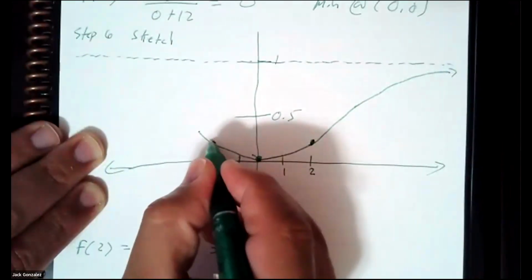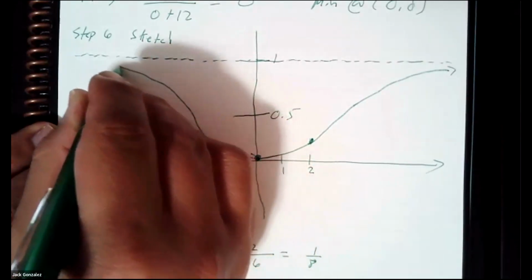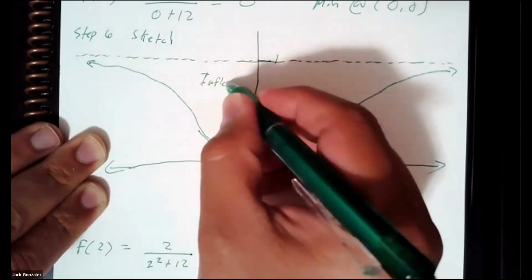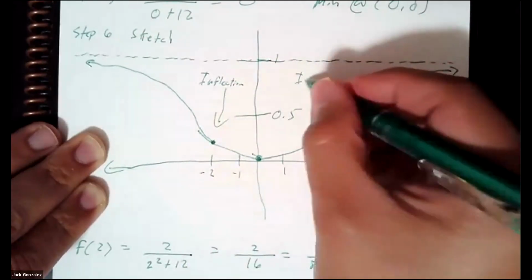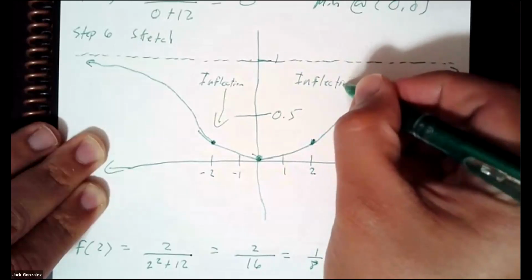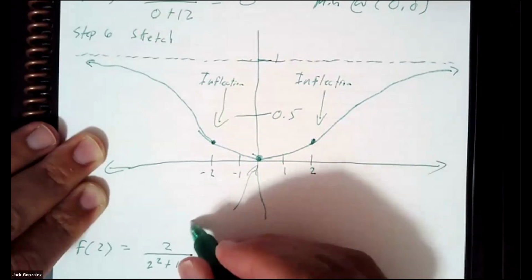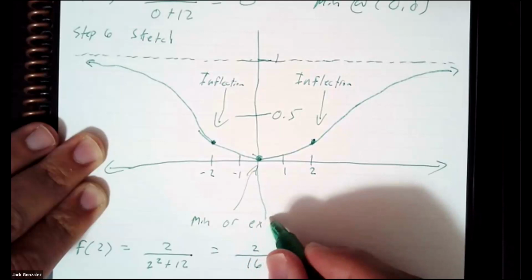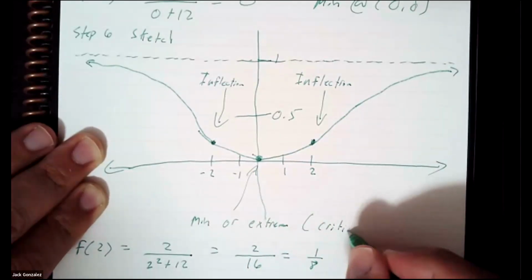Right after this point, it begins to decrease and goes this way. So this is my inflection points. This is the minimum or extrema, also critical.